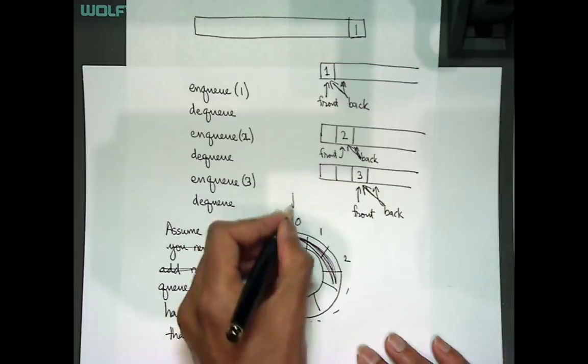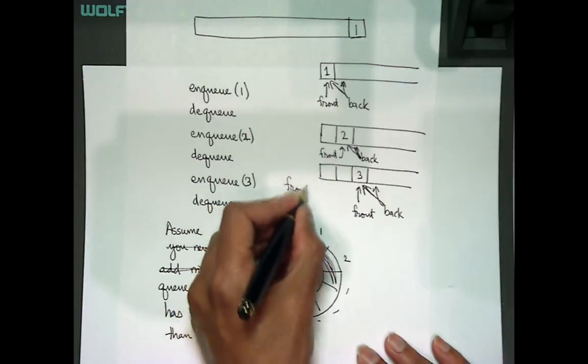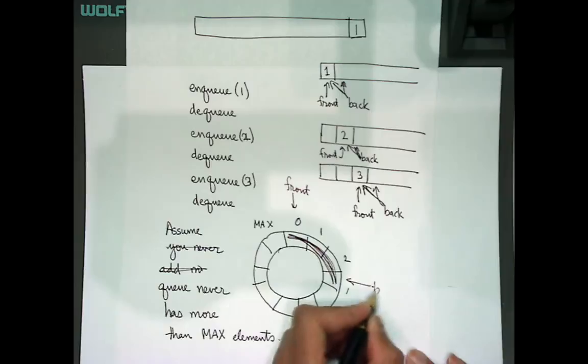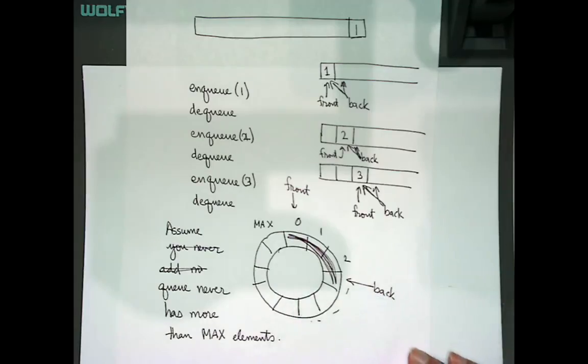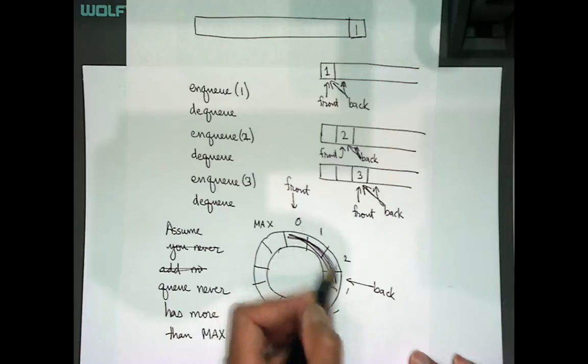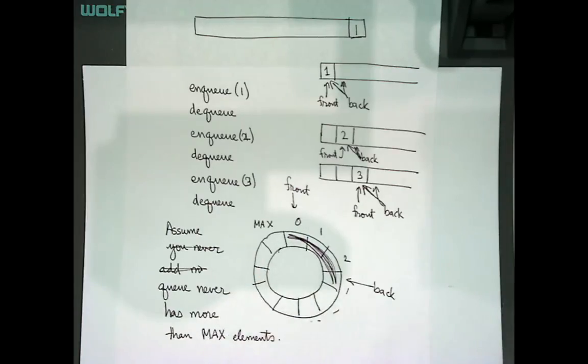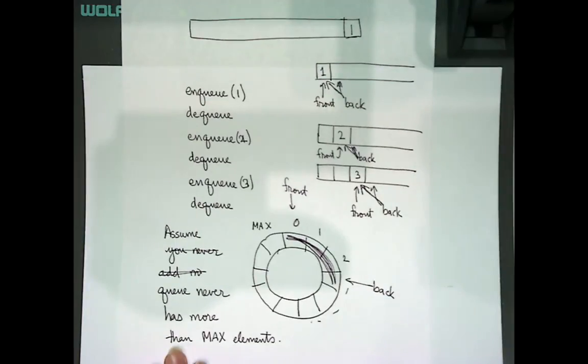So you have front over here and back over here. And so you insert over here and you delete from there, and you just kind of keep doing that. So now you don't have a problem. Right? You're never going to have an array out of bounds problem, as long as your Q doesn't have more than max elements.